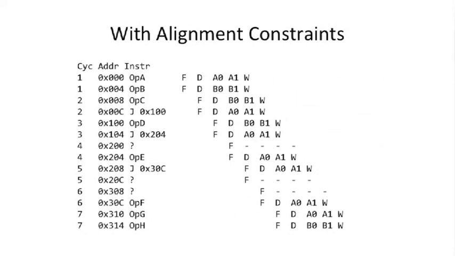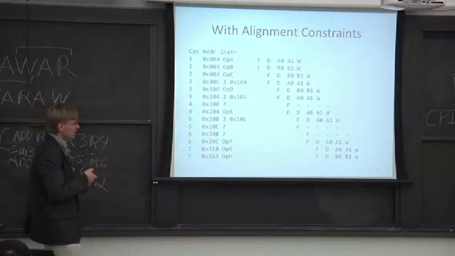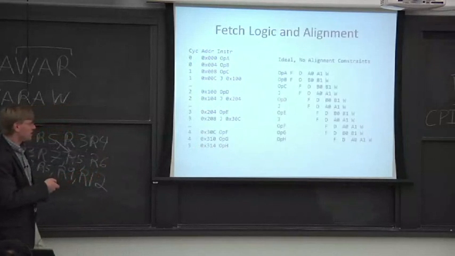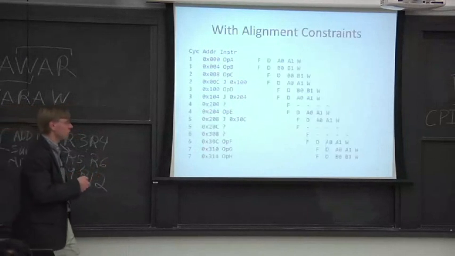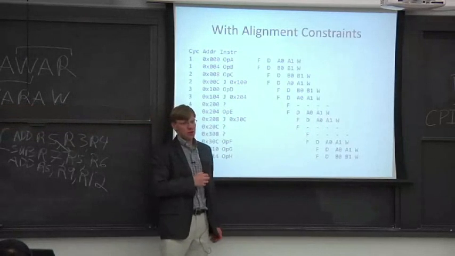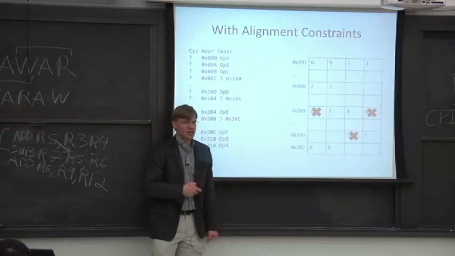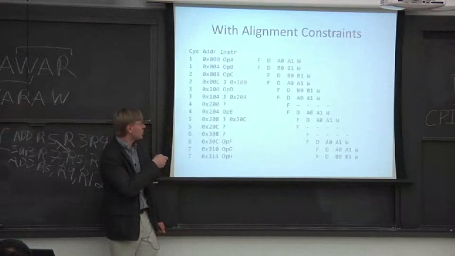Now we jump to the middle of a line here. That starts to get more interesting, and we're going to end up wasting cycles. So this will take 7 cycles, where before we had this taking only 5 cycles, because we've effectively introduced dead cycles where we fetched instructions we just didn't use. The 3 X's here show up as instructions we fetched.